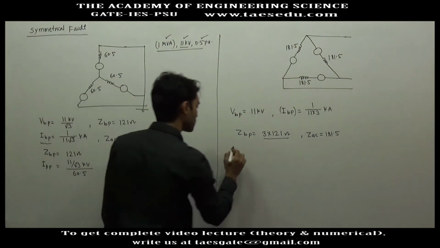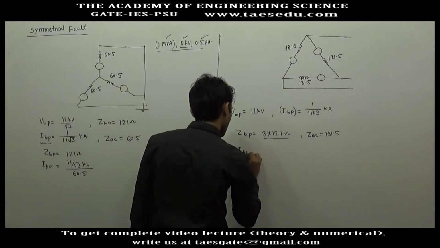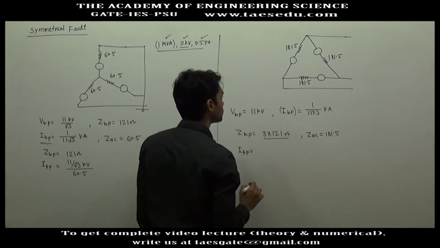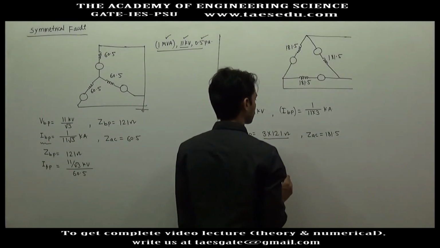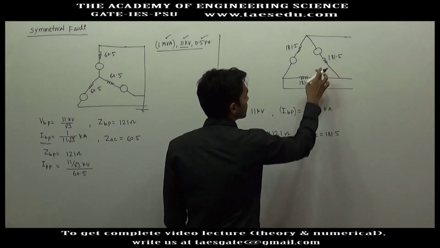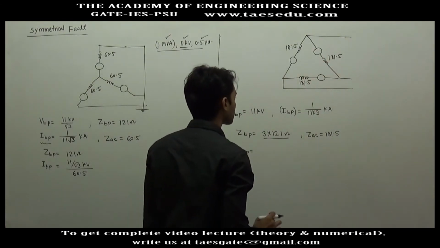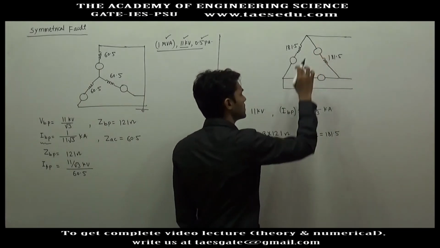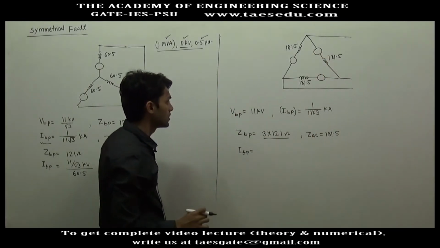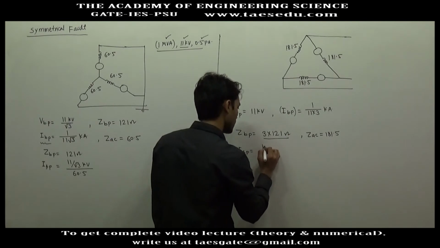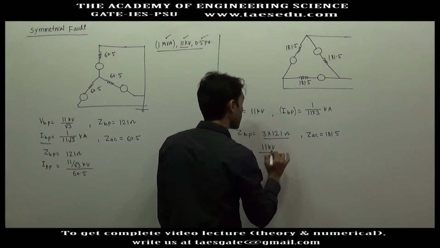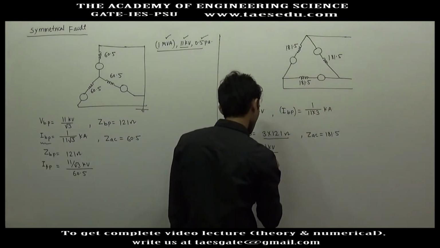Here the fault current in phase will be, in this case, the phase voltage is equal to the line voltage, 11 kilovolt divided by impedance 181.5.